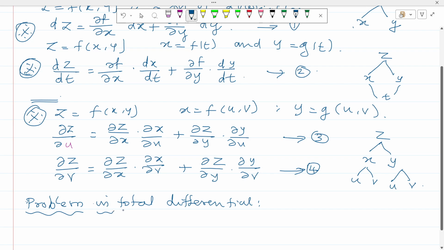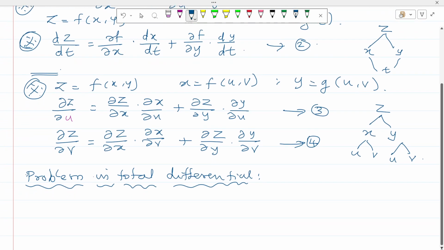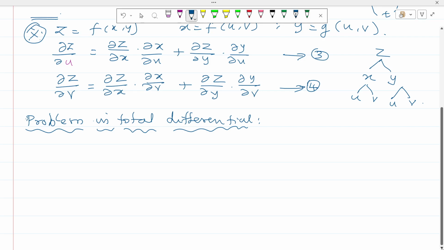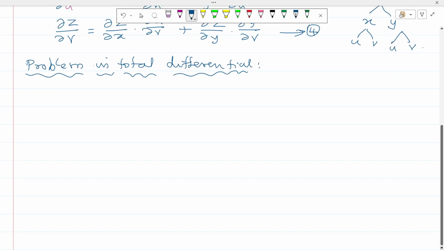Actually, I repeatedly mentioned inside the class, if any doubt is there, you can clear it in the class itself, because we don't know what doubts you are having. If you don't ask, you are not able to solve that.